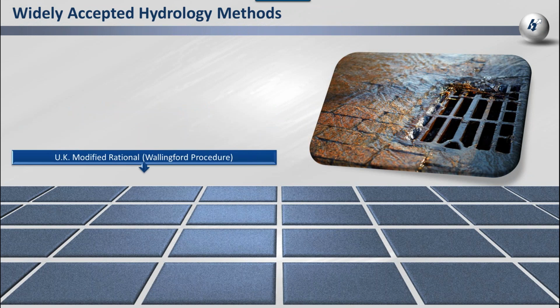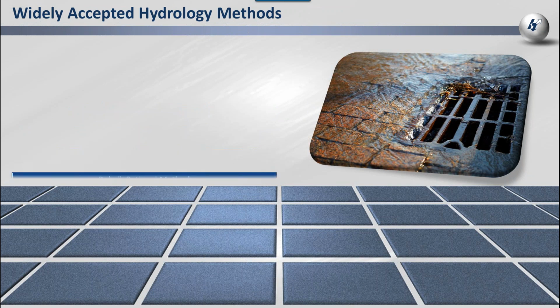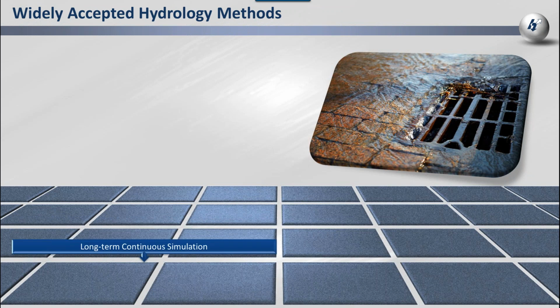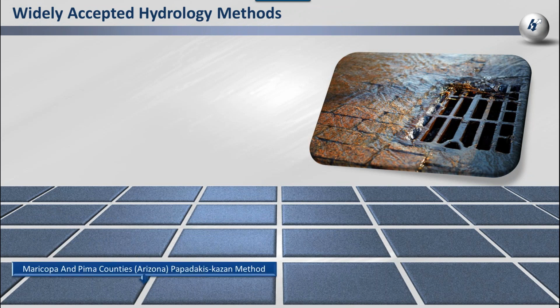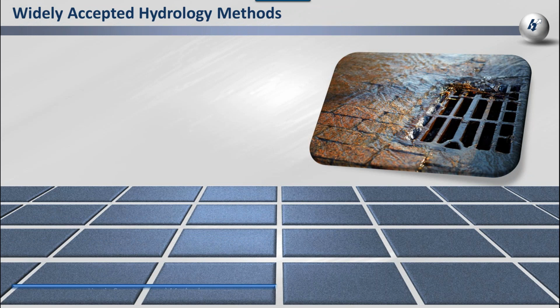We even have the ability to use UK modified rational for overseas projects, specifically in the United Kingdom. We have the DeKalb rational method, the Santa Barbara unit hydrograph, the Delmarva unit hydrograph, long-term continuous simulation, Maricopa and Pima counties in Arizona, which use the Papadakis-Kazan method, and Harris County, Texas method.